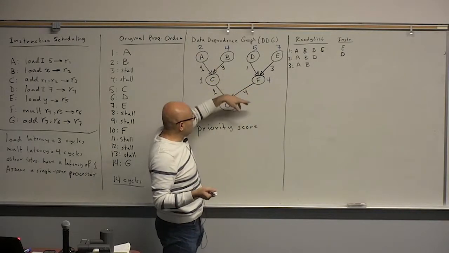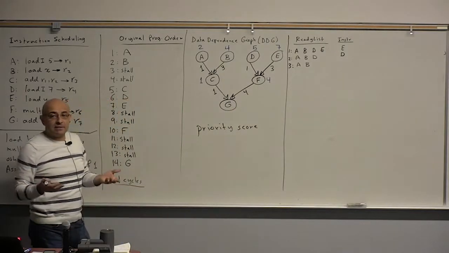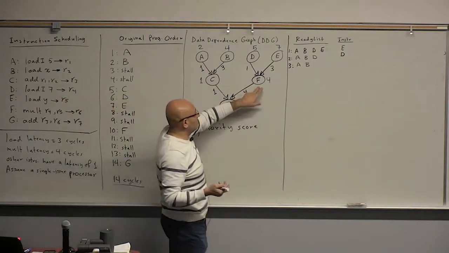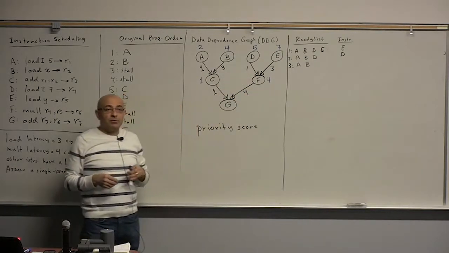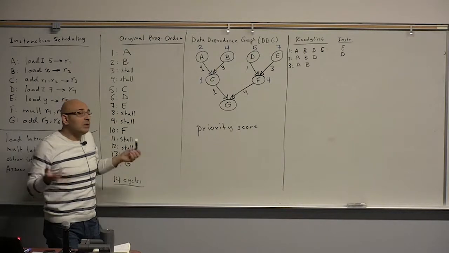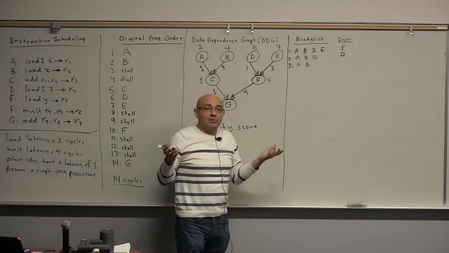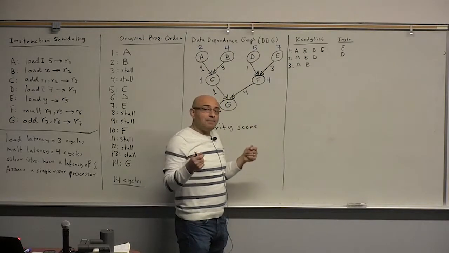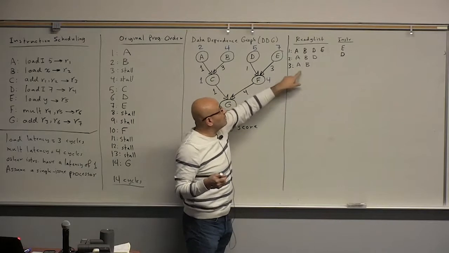By inspection, we could easily say F is not ready because it won't be ready until cycle 4. But we need to do this in a systematic way. How would you come up with an algorithm or a mechanism for determining what to add to the ready list?